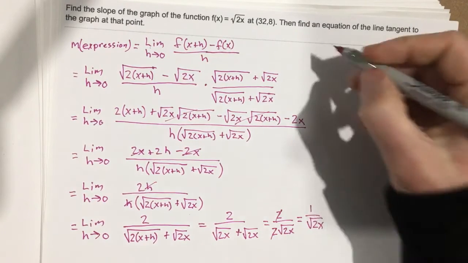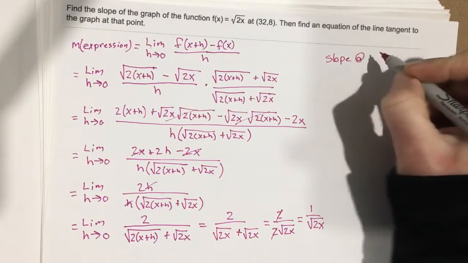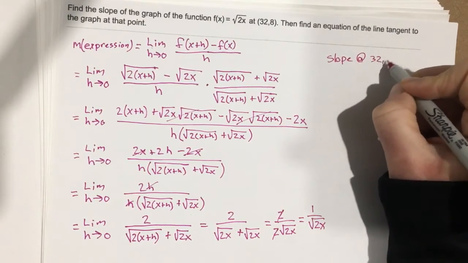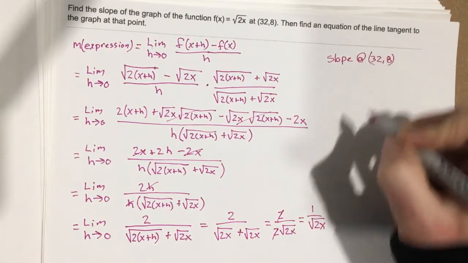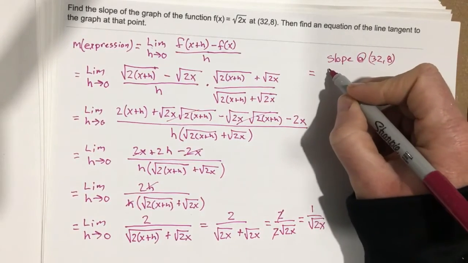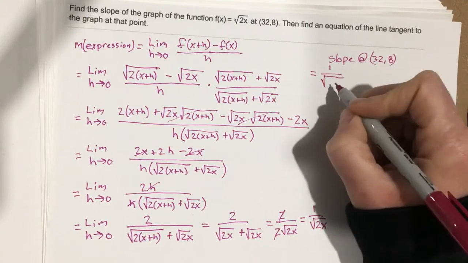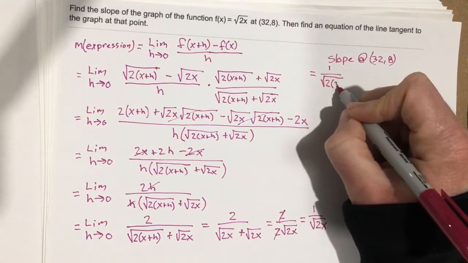Now we want to find the slope at 32 comma 8. And in order to do that, we're going to take this function, plug in the x value. So we got 1 over root, this will be 2 times 32.